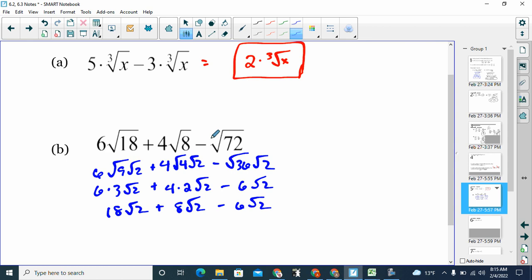So reduce the roots, and then any of them that do have the same radicands you can combine. So here I've got 18 plus 8 root 2's. That gives me a total of 26 root 2's minus those 6 root 2's. So I have 20 root 2's.